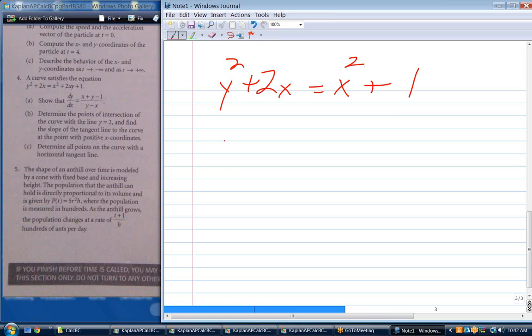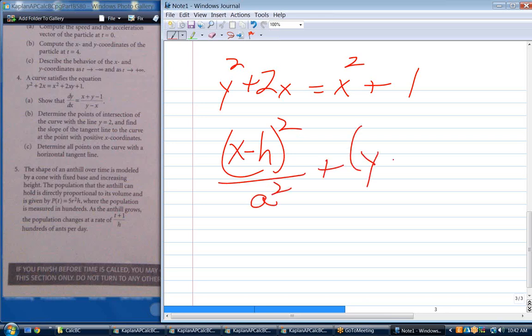I can put that into (x minus h) squared divided by a squared plus... Hold on a moment. I jumped the gun a little bit. (y minus k) squared equals 1. I can rearrange that thing and figure out how to make that happen. But now I'm realizing I can't. I can put it into x squared minus y squared. This is the equation of a hyperbola.